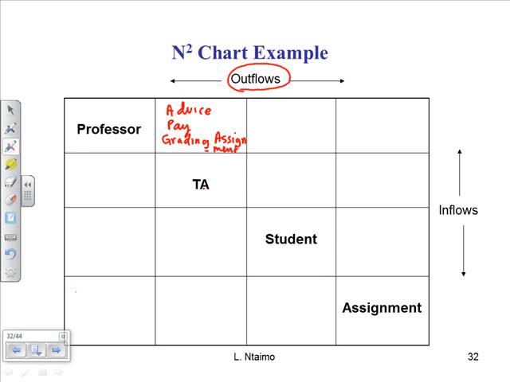Okay, so I can ask the TA to grade the homework. Then I can spend more time doing something else. How about the TA? What can the TA give back to the professor? If I give the TA grading assignments, they can give me back graded assignments.